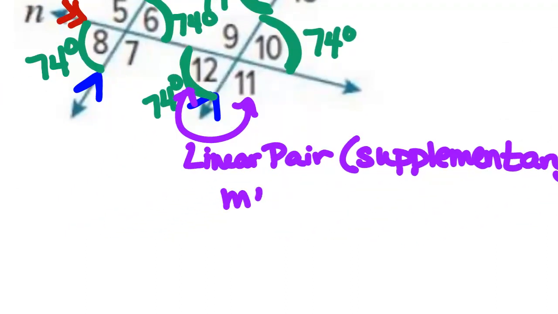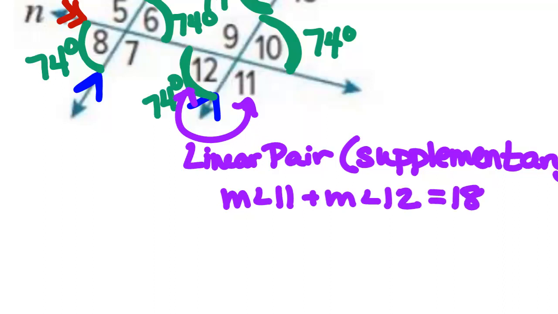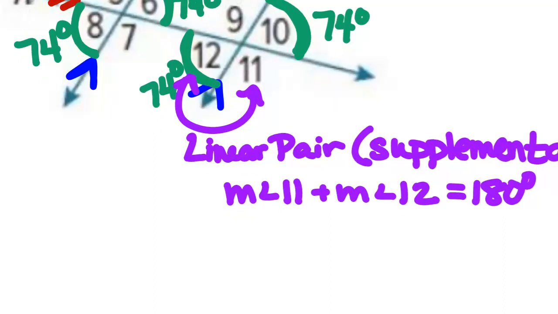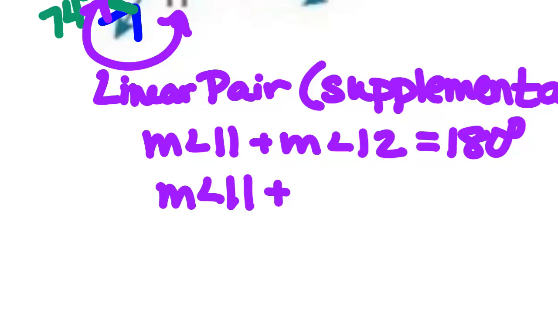Which means the measurement of angle 11 plus the measurement of angle 12 equals 180 degrees. And we know because angle 12 is a corresponding angle to 16 that it is 74 degrees.